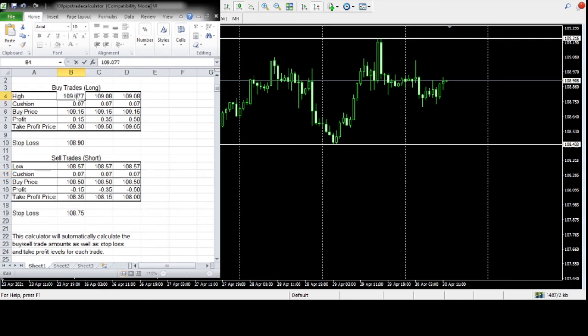You check, the high is 109.216 and the low is 108.433, and it has given us this. As you can see, the market is still ranging, so it has not even opened either buy or sell.